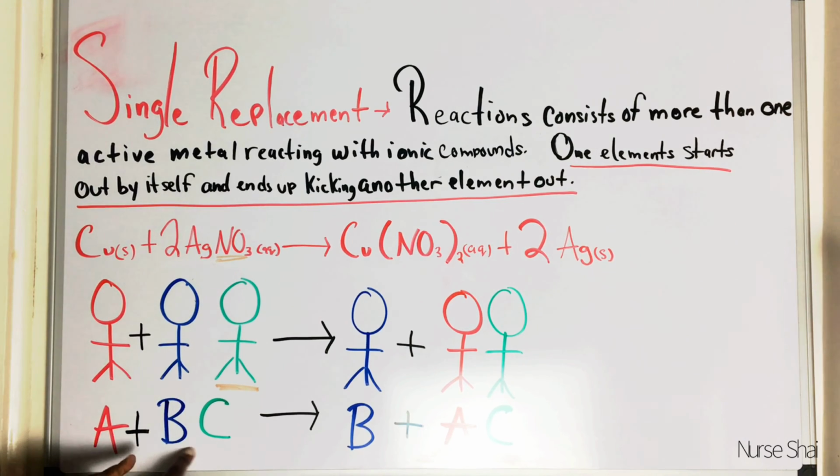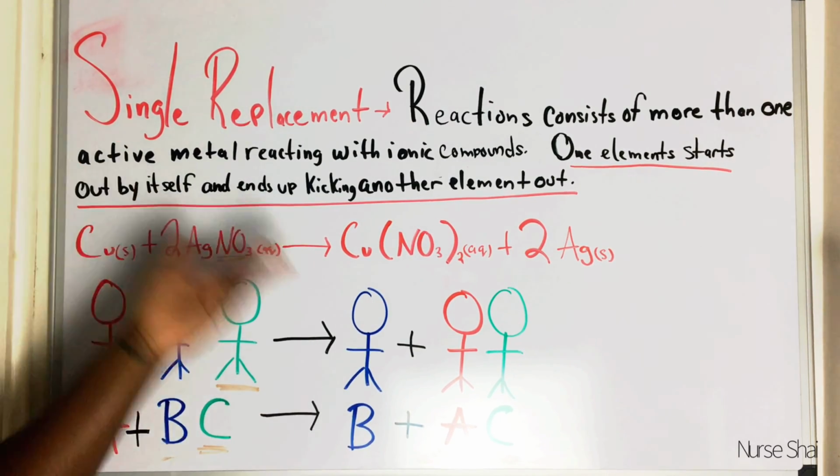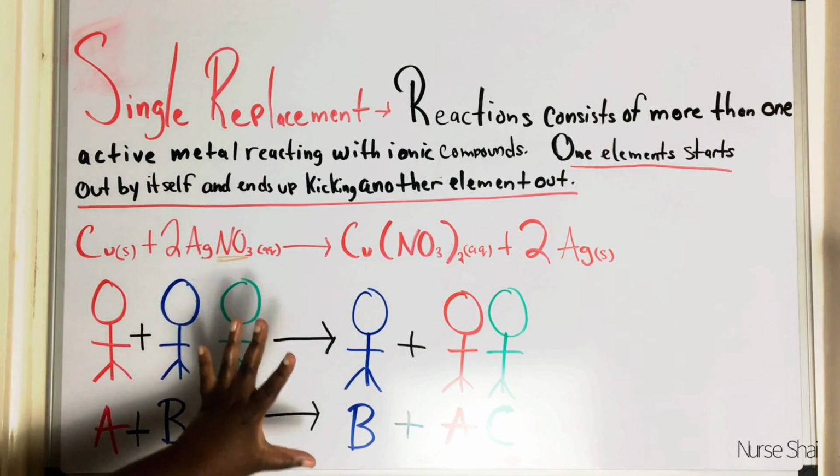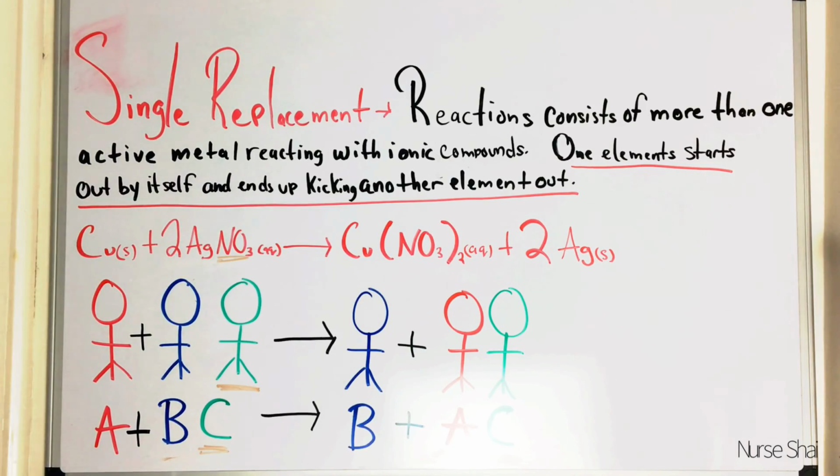Basically, they just switched partners. Sorry, C was the one that switched with A. That's pretty much a single replacement. You might be asked to find which of these equations are a single replacement reaction. That's how you know if the second reagent changes. So when you think about single replacement reactions, just think about one partner being switched, which is the second reagent, as we talked about earlier.